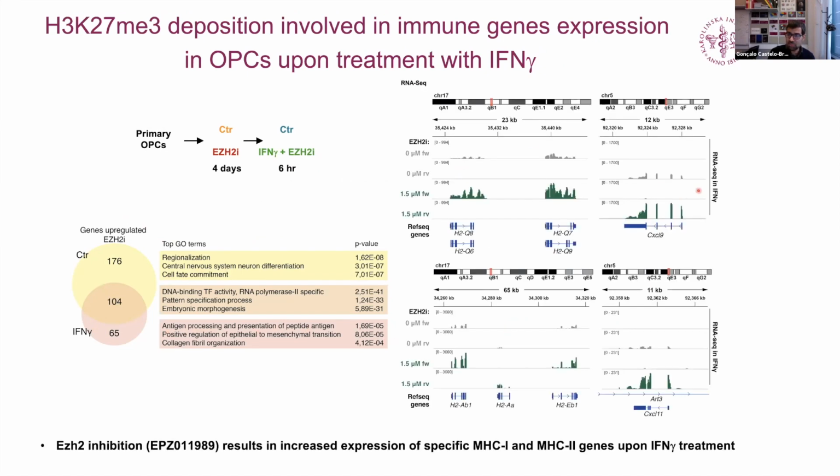And here is an example, again in the genome browser, of some of the immune genes that seem to have increased expression upon EZH2 inhibition in the context of interferon gamma, indicating that at least H3K27 trimethylation deposition might be involved in the repression of these immune genes in OPCs.